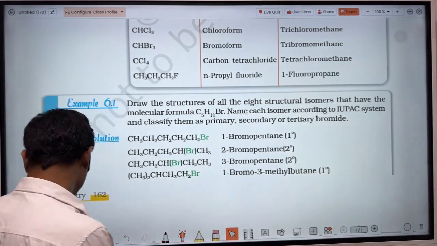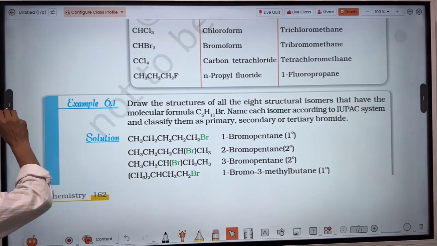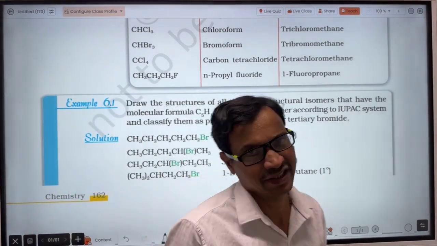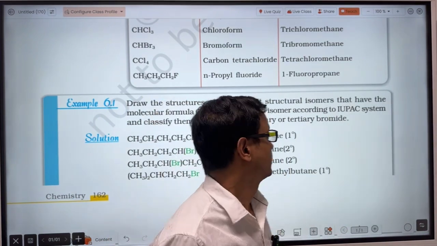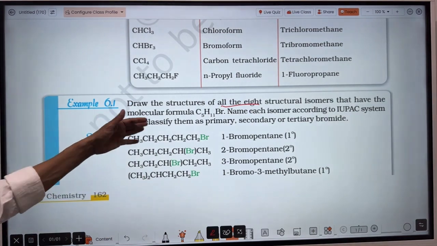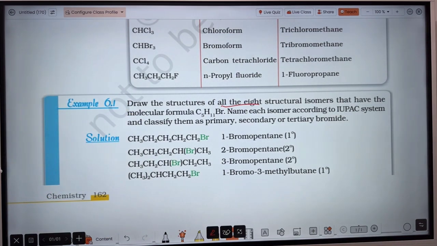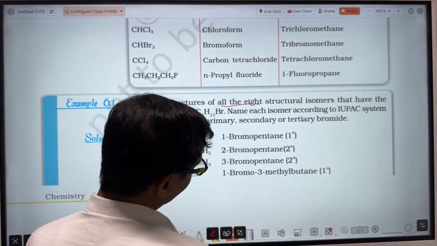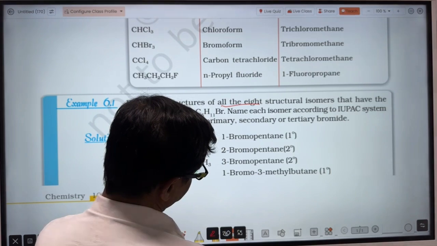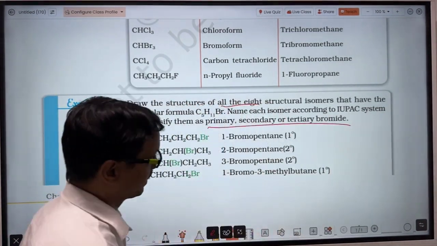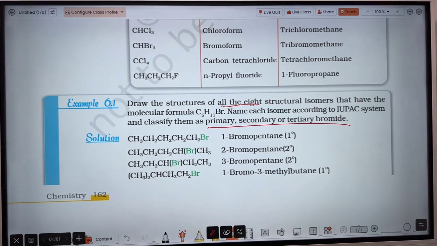In the 12th board examination, the question will be asked directly, but in the NEET examination or the CUET examination, they will ask how many isomers will form. Here it has been given that 8 structural isomers have to form, and you will have to write the IUPAC name of all those isomers and classify them into primary, secondary and tertiary bromide.